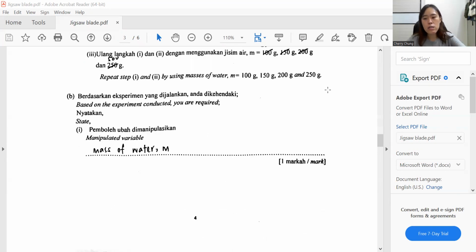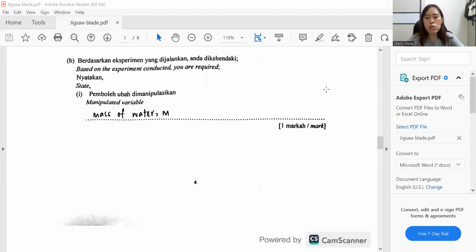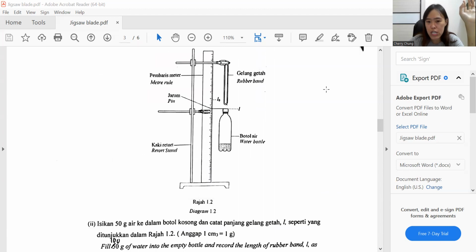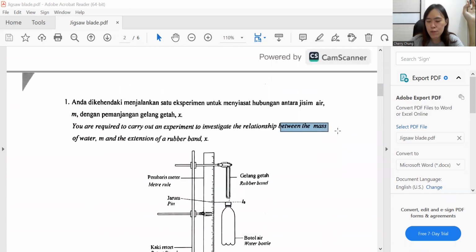Okay, usually the first question they will ask you is to identify the variables. As I said, you just copy the one you have done previously in your first statement: the relationship between the mass of the water and the extension. Either one of it is your variable.